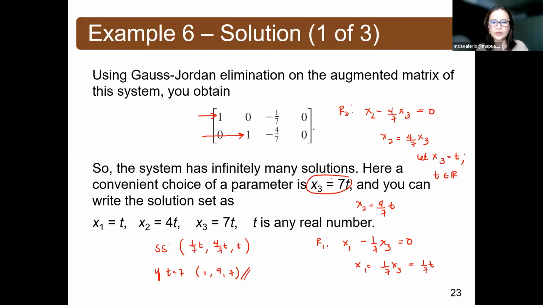So again, whichever way you assign the parameter to your free variable, you can do that, because this system of equations has infinitely many solutions, since there are more unknowns than equations.